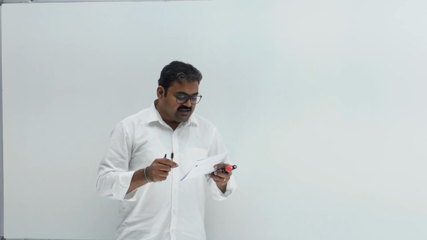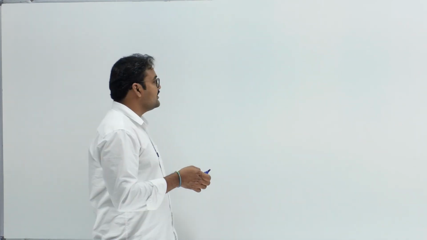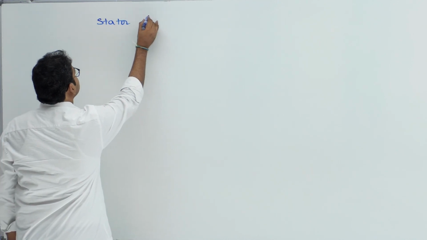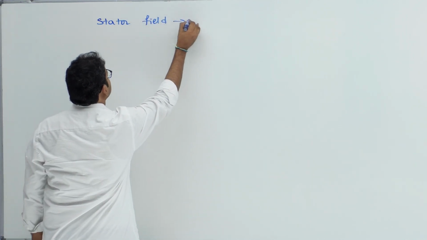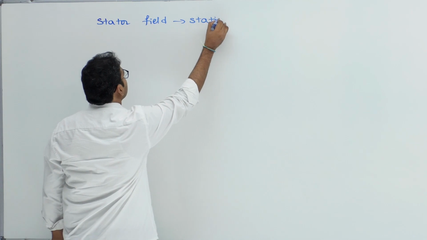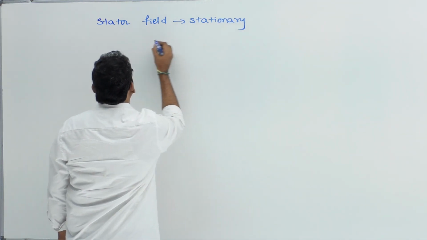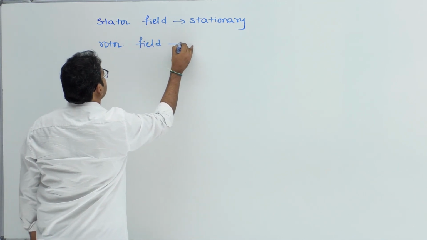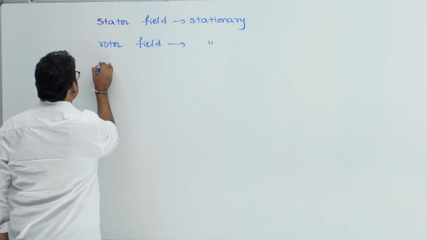Alright. Now tell me, in a DC machine, air gap field we studied already. In a DC machine, stator field is stationary, right? Next point, rotor field is also stationary.